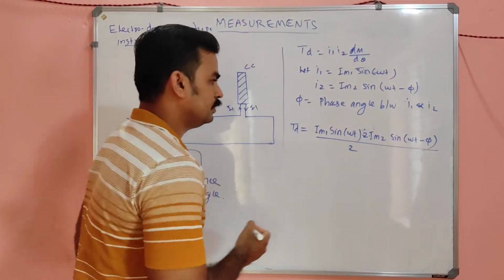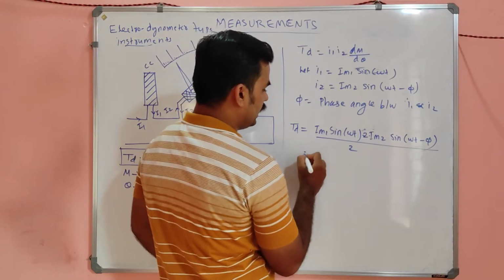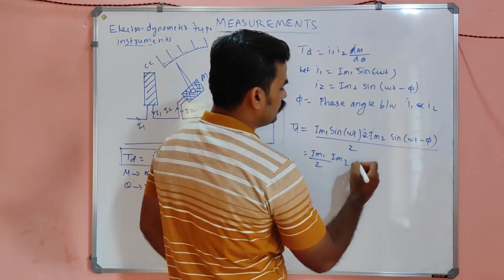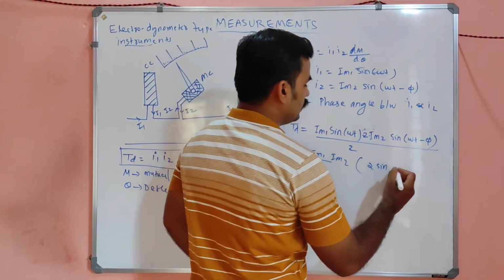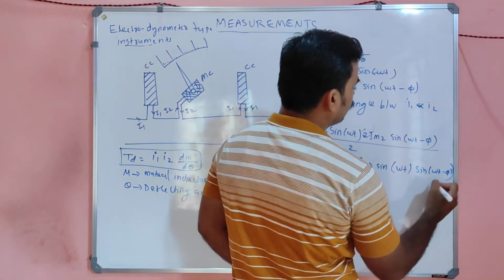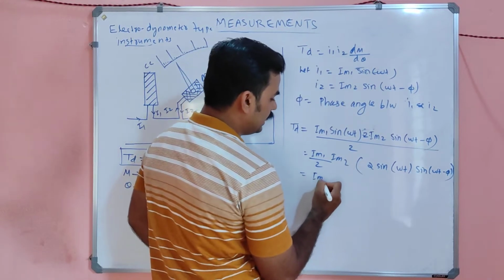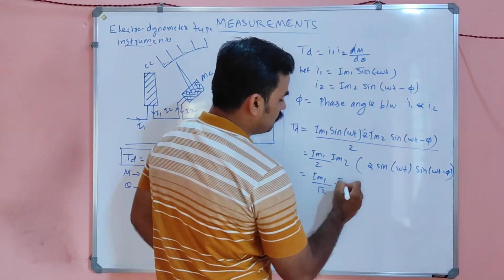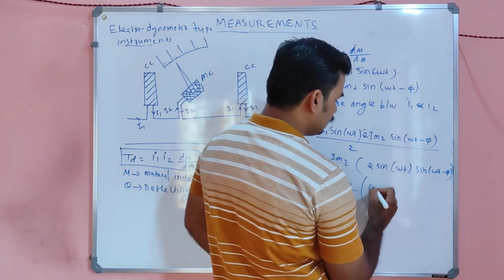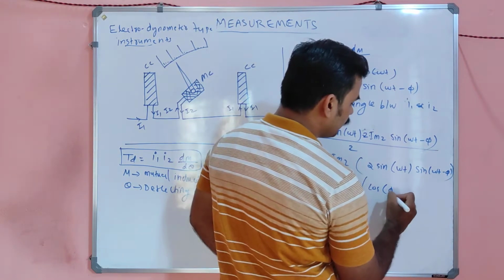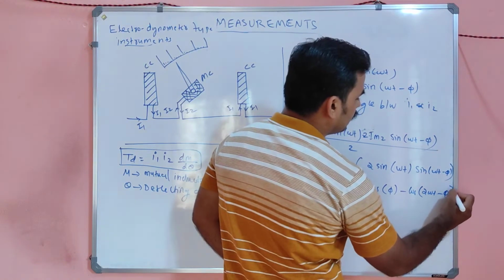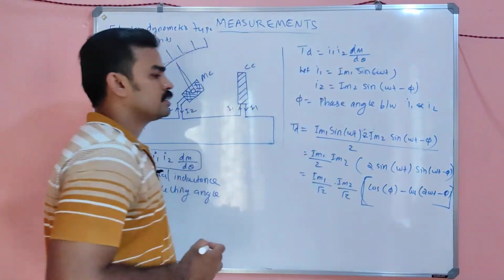So it becomes Im1 by 2, Im2 by 2, into 2 sine omega t sine of omega t minus phi. So it will become Im1 by root 2 into Im2 by root 2 into 2 sine A sine B, which is cos of A minus B minus cos of A plus B. Am I correct?